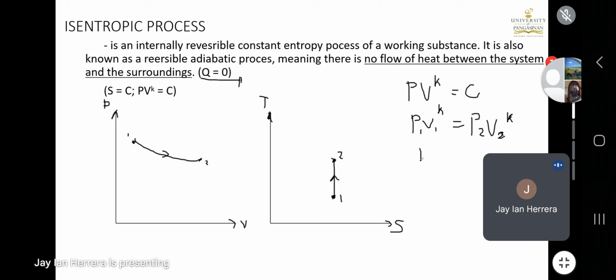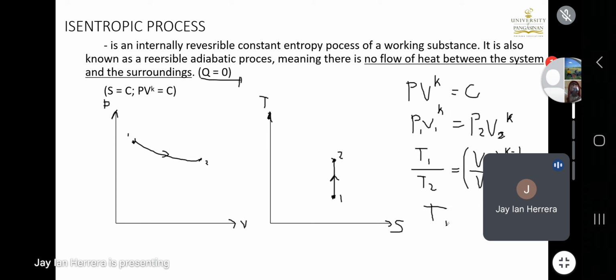So, another relationship is the temperature to volume relationship. That is T1 over T2 is equivalent to V2 over V1 raised to K minus 1. And then lastly, the temperature to pressure relationship naman.